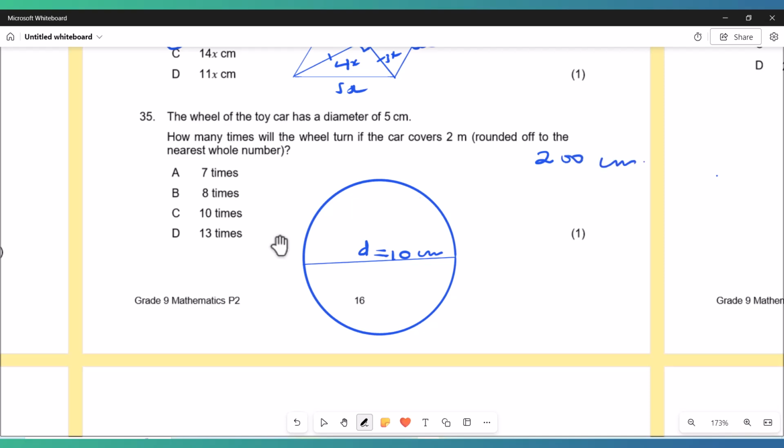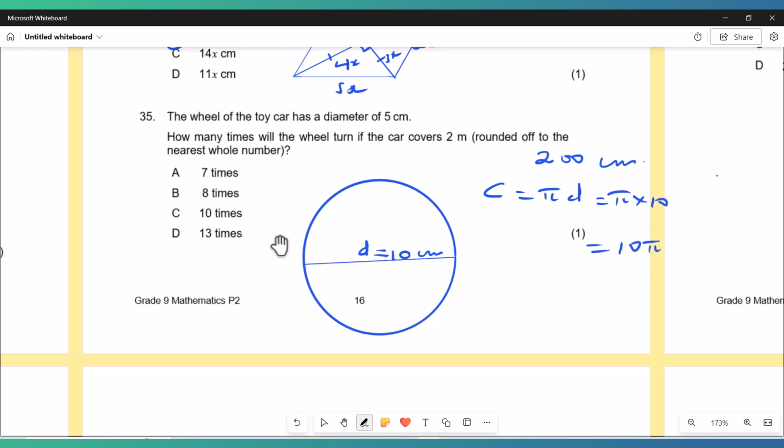I want to know how many times the wheel turns if the car covers these meters. I'm going to find the circumference of the circle. That is C equals pi d. Now pi times 10, which gives me 10 pi.